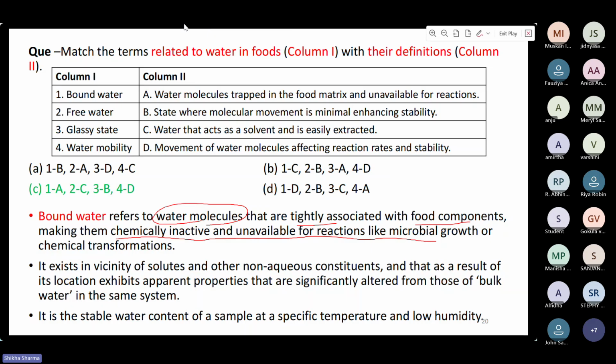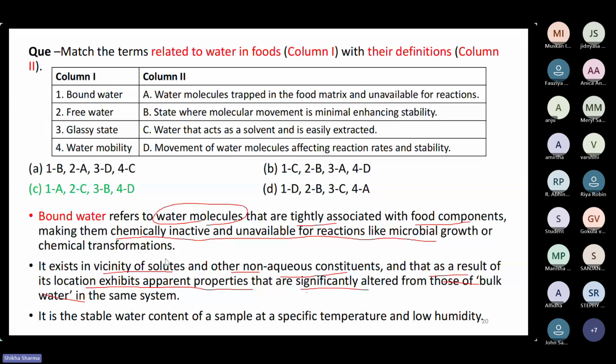So this bound water is in very close proximity with the food components or the food particles. It exists basically in the vicinity of the solutes and other non-aqueous constituents, and as a result of its location, exhibits apparent properties that are significantly altered from those of the bulk water in the same system.